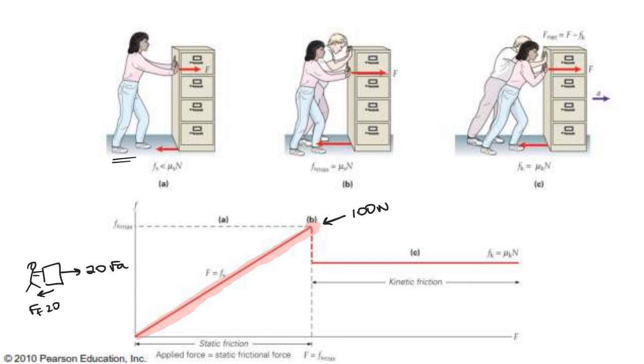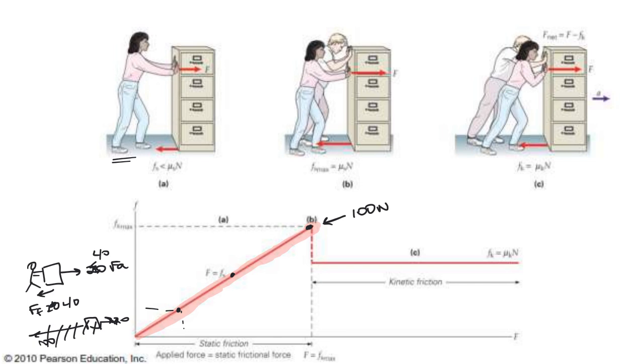It's not like you're pushing forward with 20 and the force backwards was 100. If that was the case, the friction would cause the object to accelerate backwards, which is ridiculous. No, what happens is that as you push with 20, it's resisting with 20. And as you push, for example, with 40, it's going to resist with 40. And as you push at 100, it's going to resist with exactly 100.